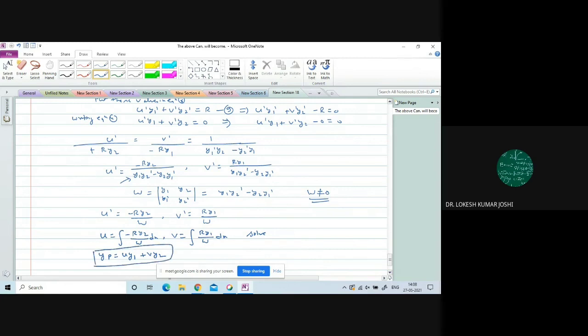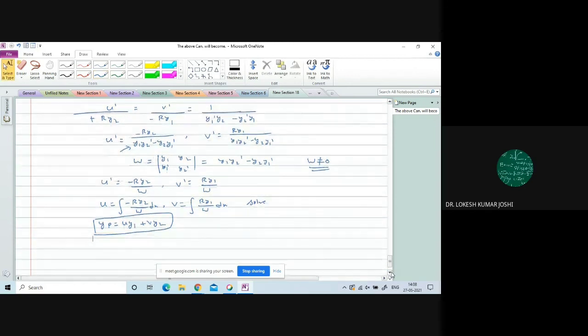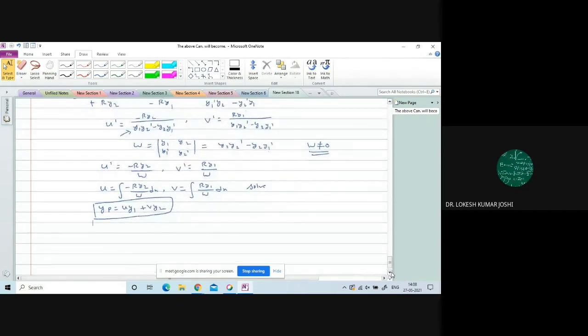Now, if I summarize this particular portion, suppose our objective is to solve a differential equation using variation of parameters. What are the steps behind the process?